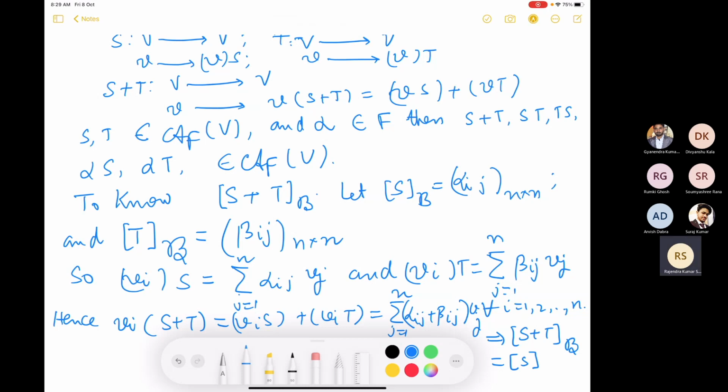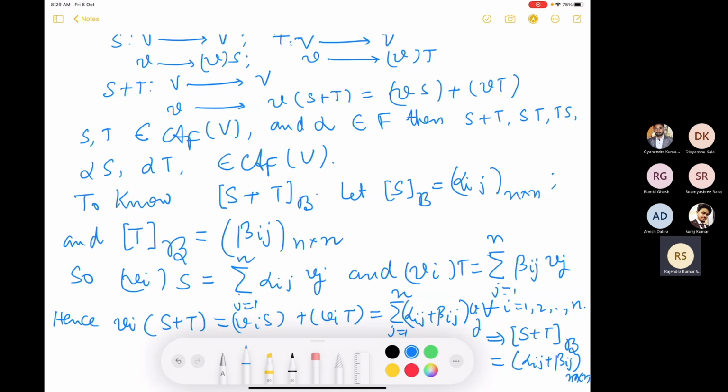So the arbitrary element here is alpha ij plus beta ij, n by n.